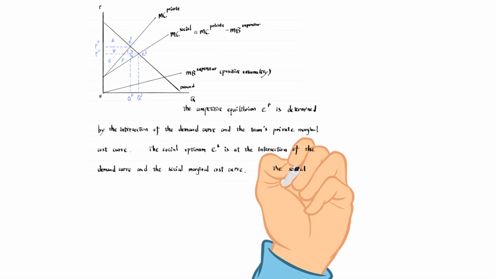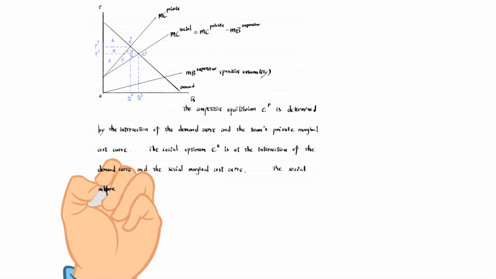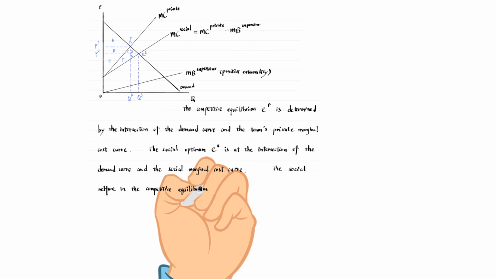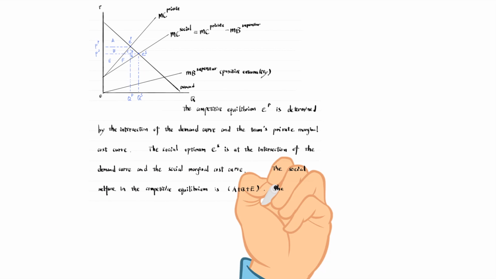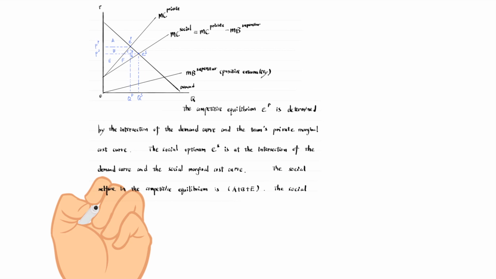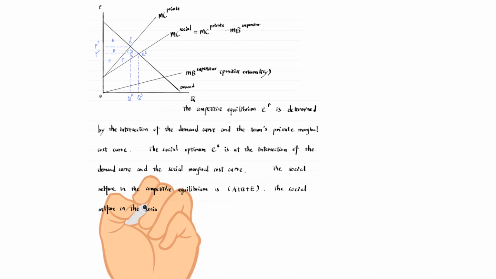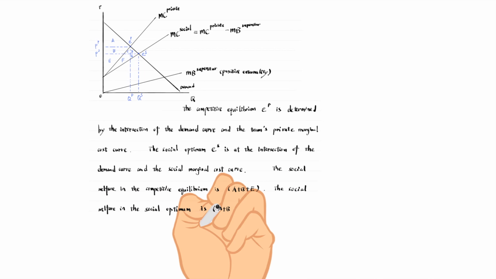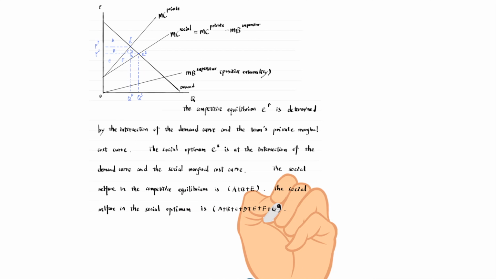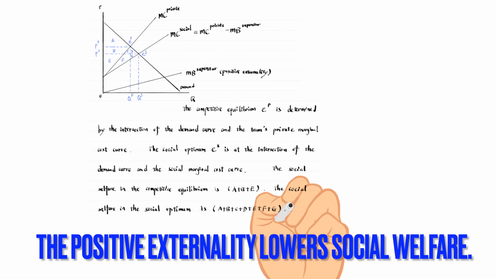The social welfare in the competitive equilibrium is the area of A plus B plus E. The social welfare in the social optimum is the area of A plus B plus C plus D plus E plus F plus G.